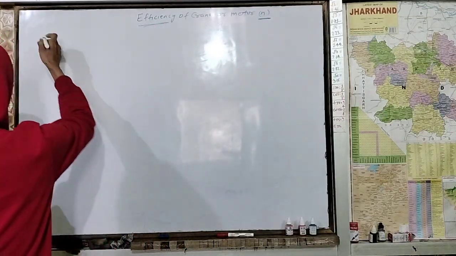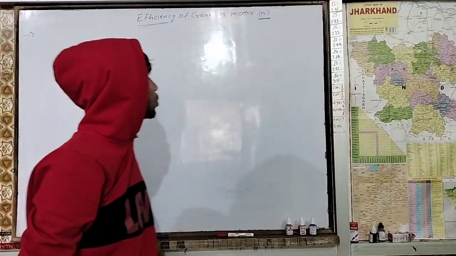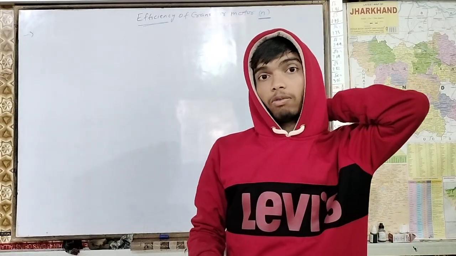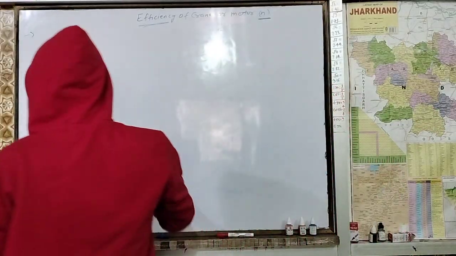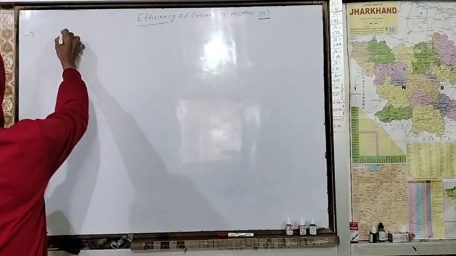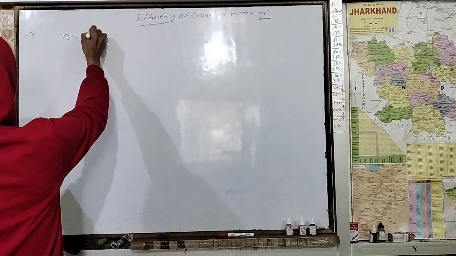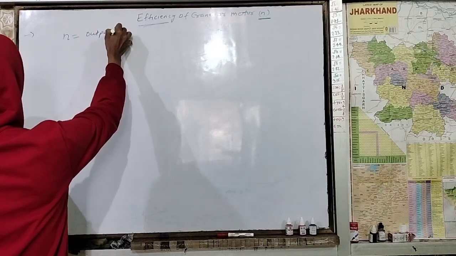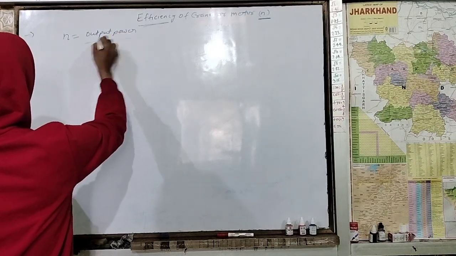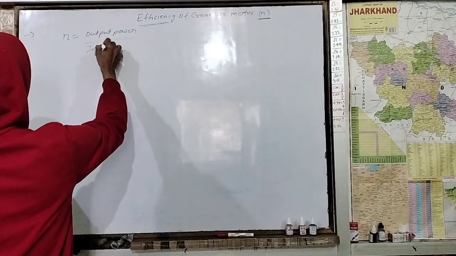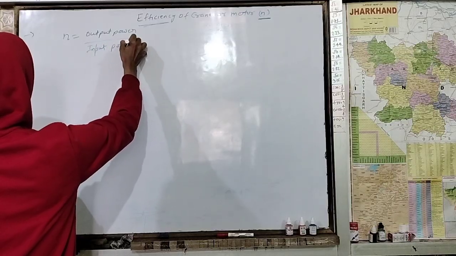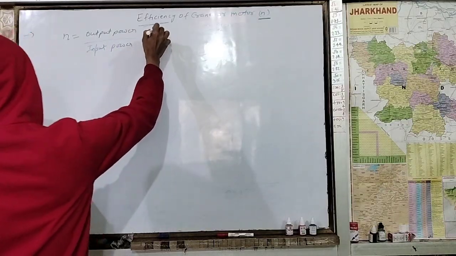Remember, efficiency of a crane or motor is the ratio of output power to input power. Output power upon input power is the ratio of efficiency. So eta will be equal to output power upon input power, multiplied by 100.